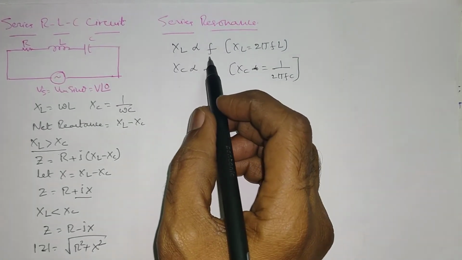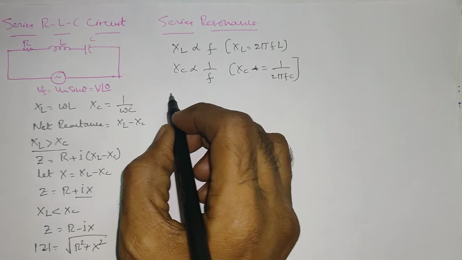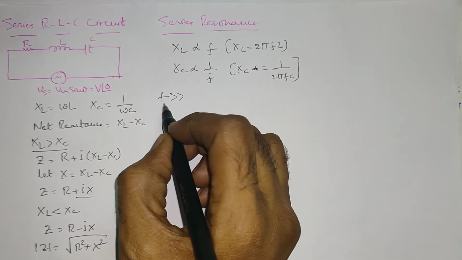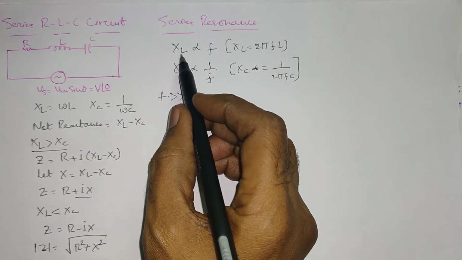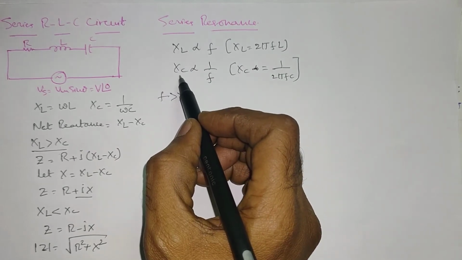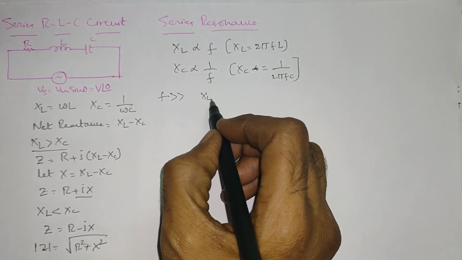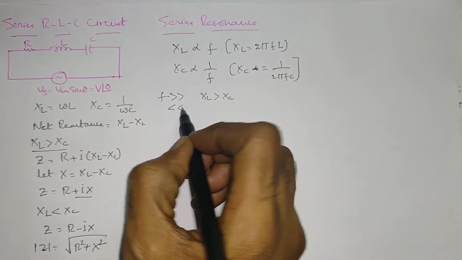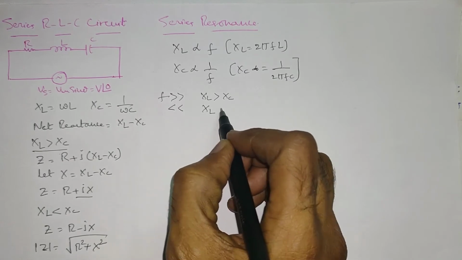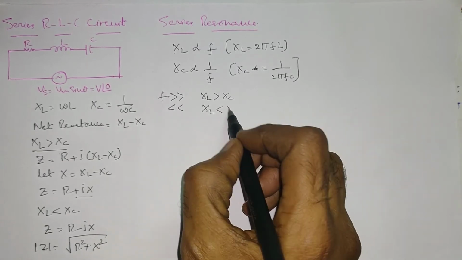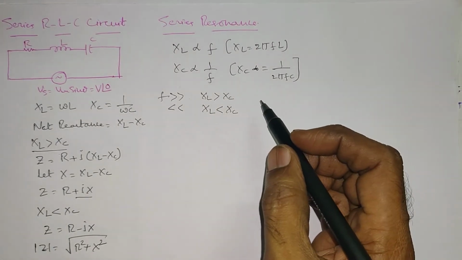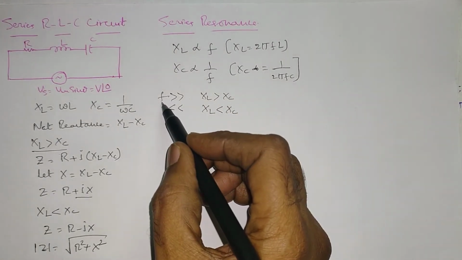So for higher values of frequency, when the frequency is very high, the inductive reactance dominates the capacitive reactance, and we are going to have XL greater than XC. And when the frequency is very low, then XL is going to become less than XC. Like that, the net reactance is always dependent on the frequency magnitude.